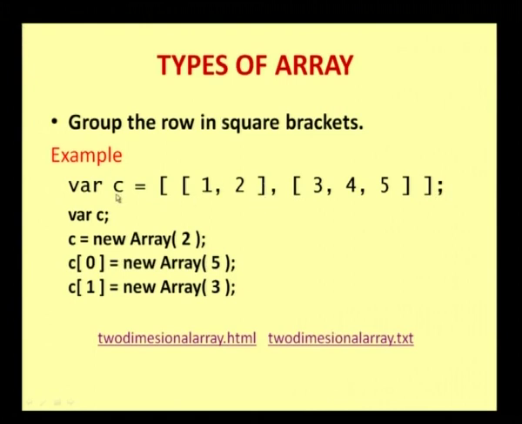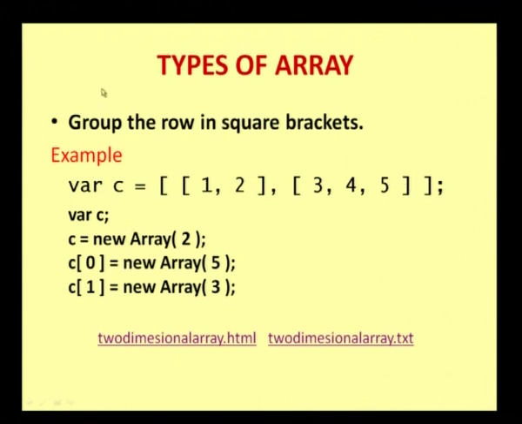Here variable C contains 2 rows, with the first row having 2 elements and the second row having 3 elements, so 3 columns. This is an example of two-dimensional array initialization at compile time.